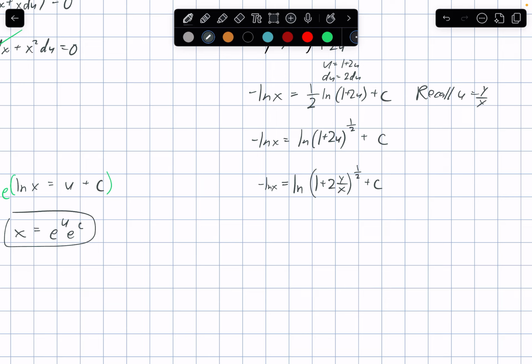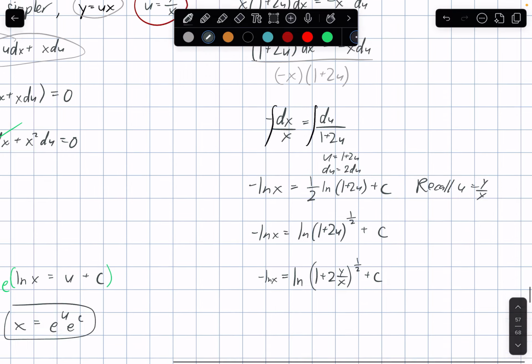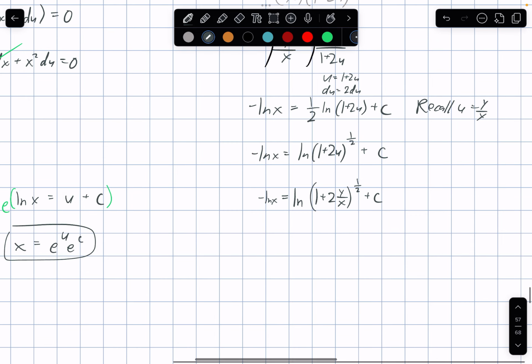Let's see. Yeah, Gemini has a similar answer.